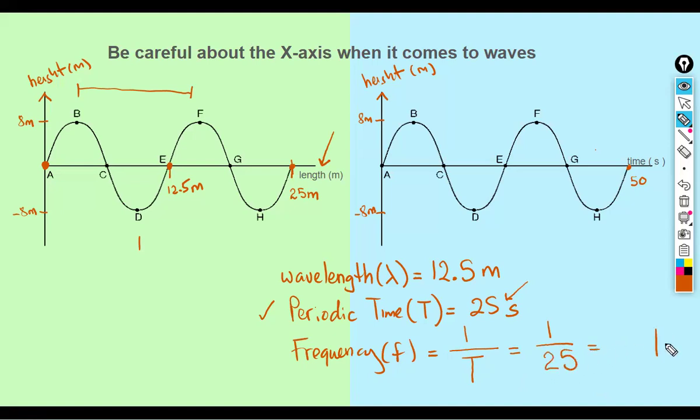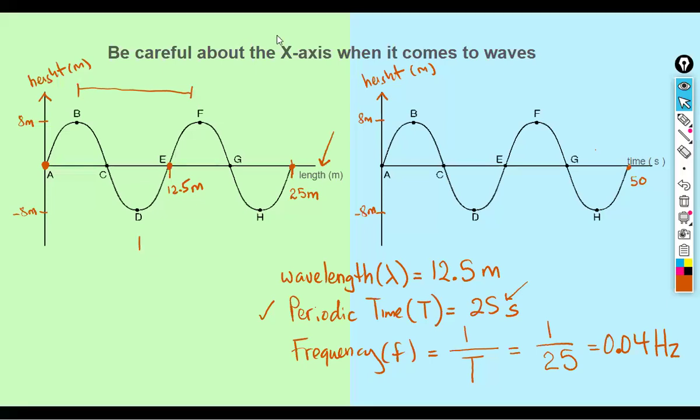And frequency is always measured in hertz, capital H, small z. How much is 1 divided by 25? The answer, three people got it correct, 0.04. Come on, guys. This shows me that a lot of people didn't do the homework. Because that was a simple formula. One of the simplest formulas ever that was in the homework.